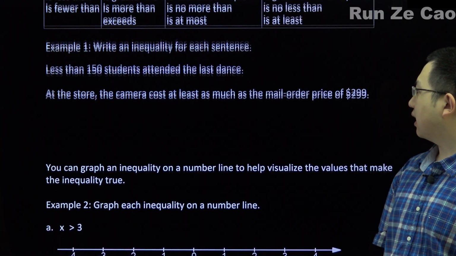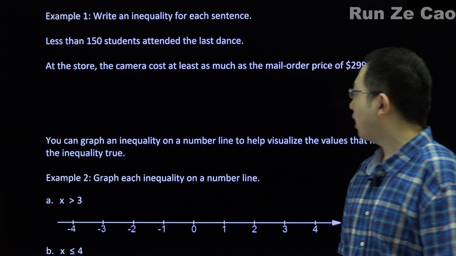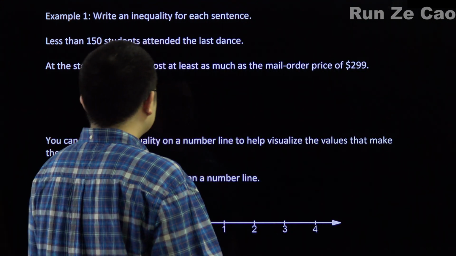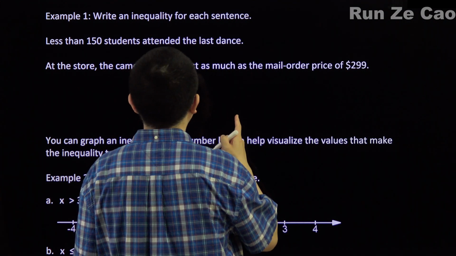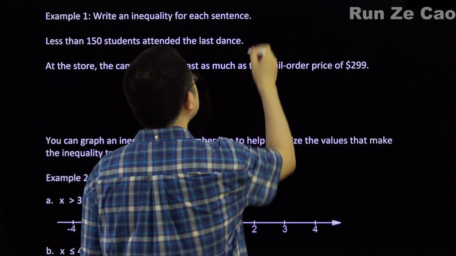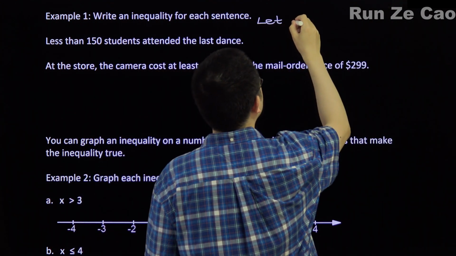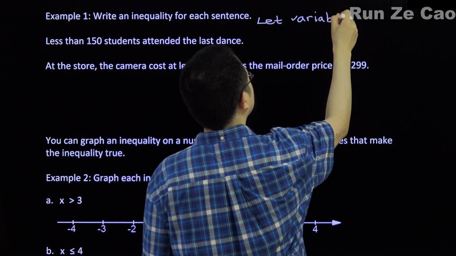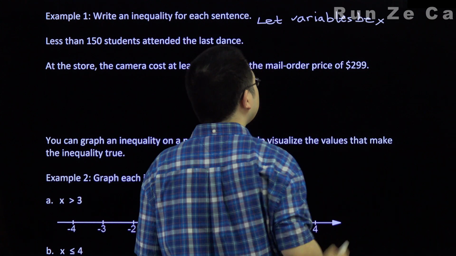Now let's write an inequality for each sentence. Less than 150 students attended the last dance. If we need a let statement, let variables be x, then we put 1.